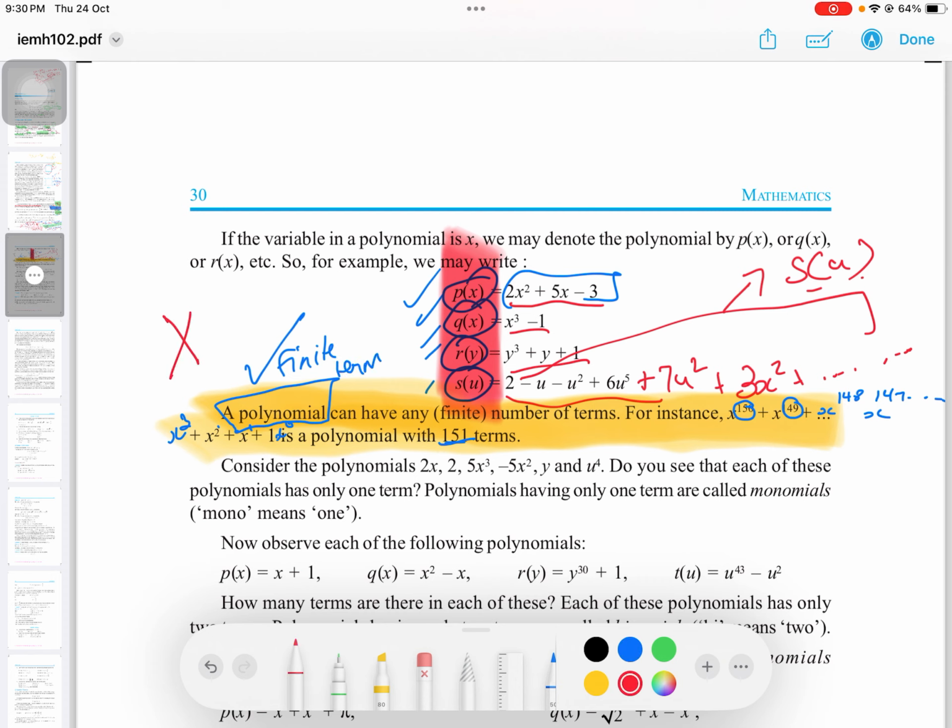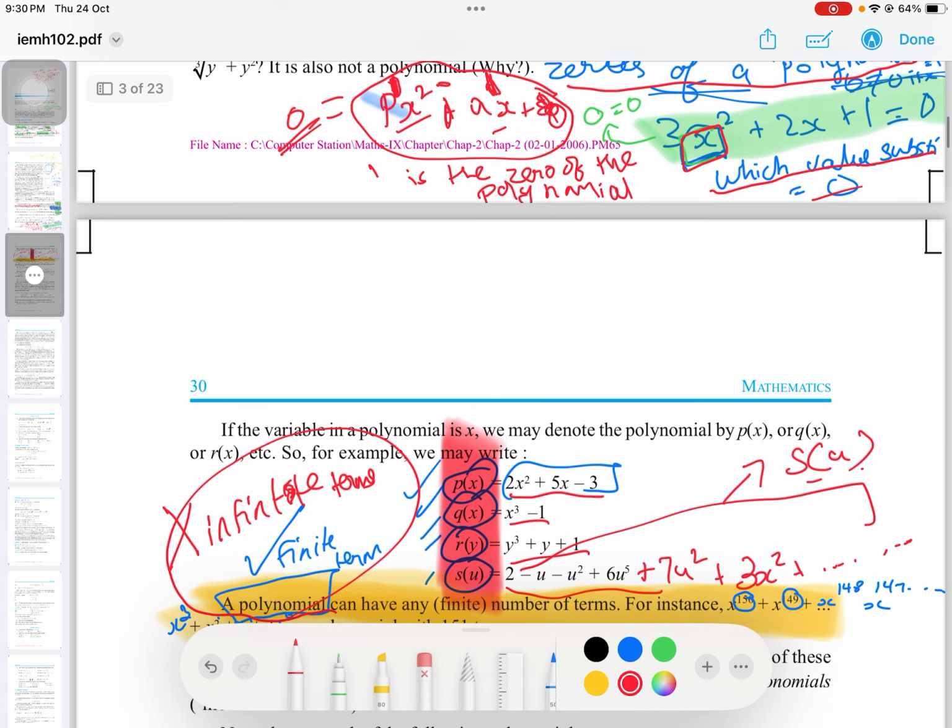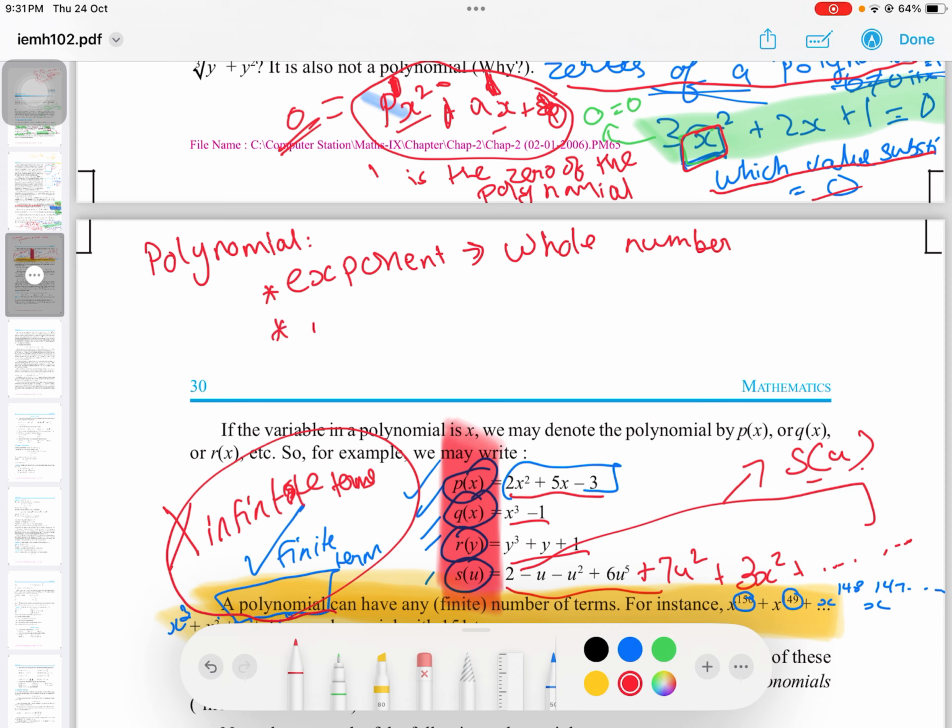It cannot have infinite terms. Okay, ஸோ ரீகால் பண்ணிக்கலாம். ஒரு பாலினாமியல்னா என்ன? Exponent has to be a whole number, must have a variable, coefficient.